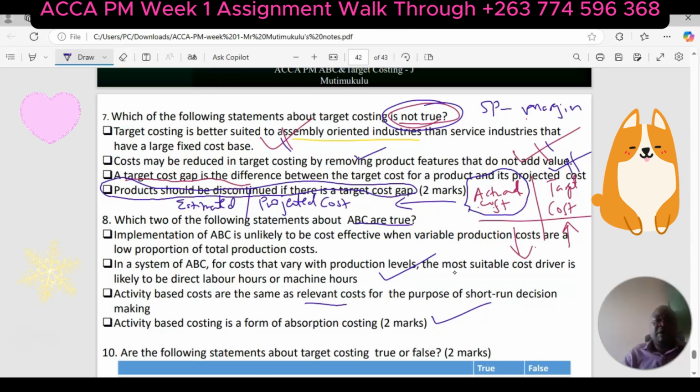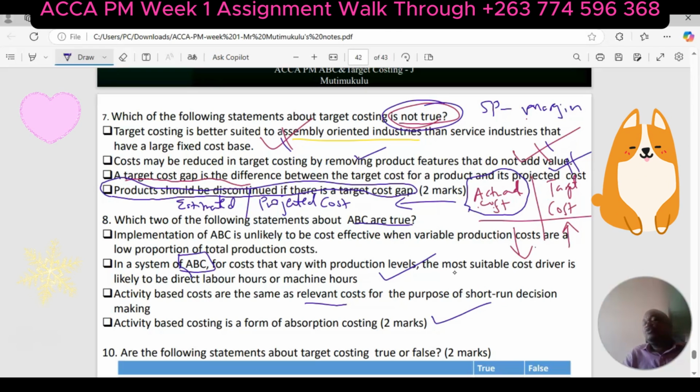But where we have the other way around, where maybe there is a lot of uncertainty into what is driving those overhead costs, then we can safely use the ABC.